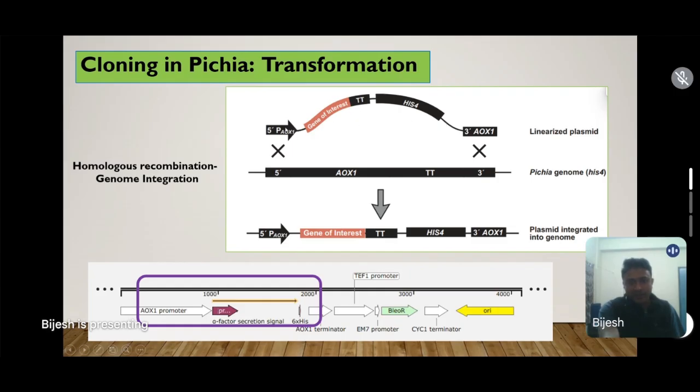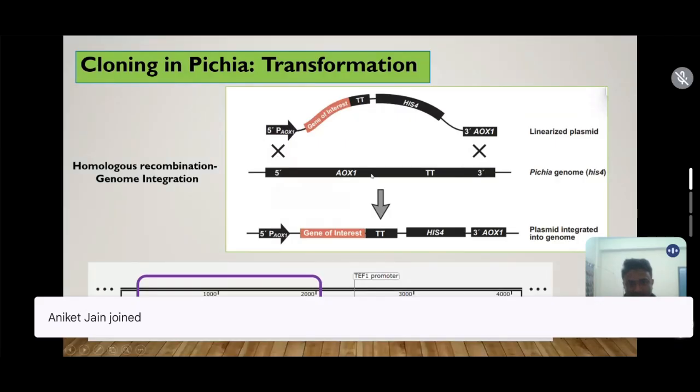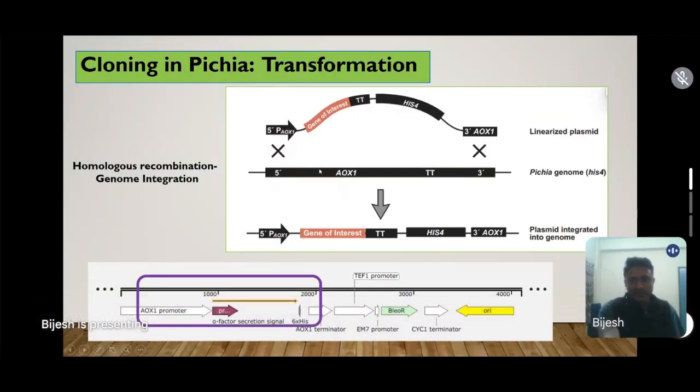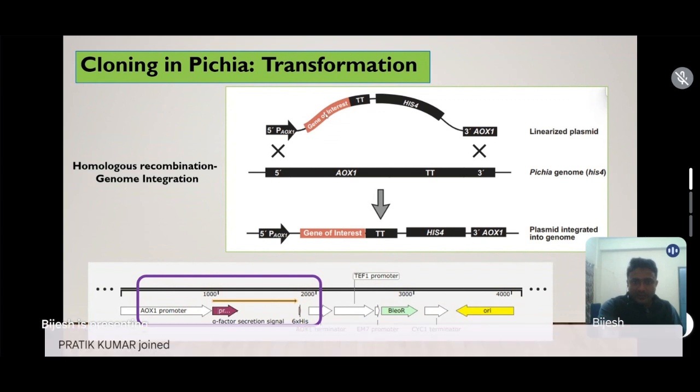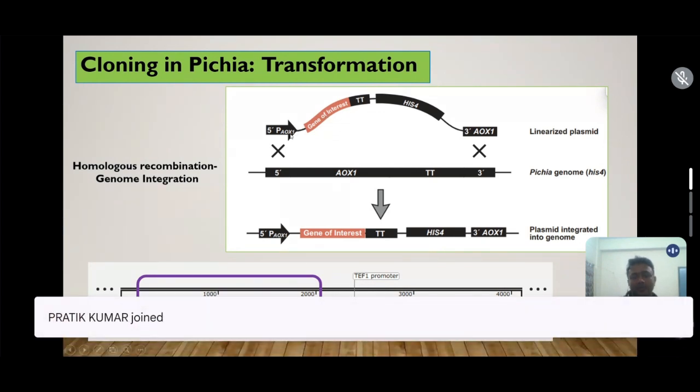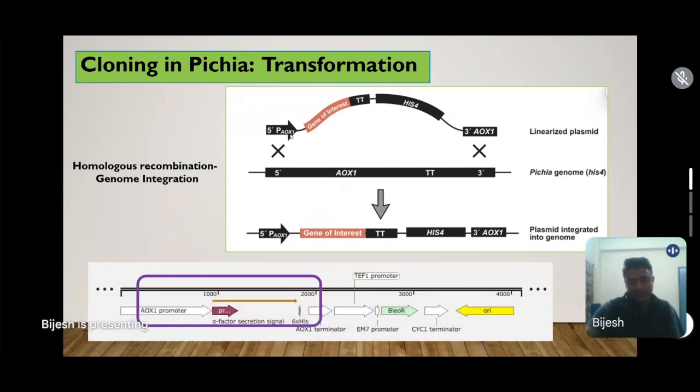What will happen is it will go and bind to the wild type AOX1 in the Pichia genome. When this yeast is replicating, next time they will use this as a template also. So this template gets incorporated and becomes part of the next yeast, or baby yeast, whatever you want to call it.